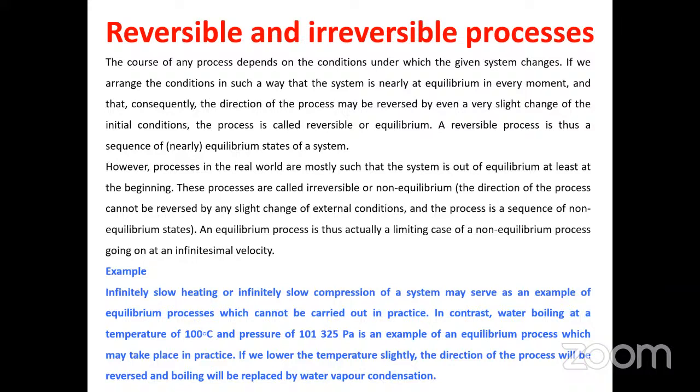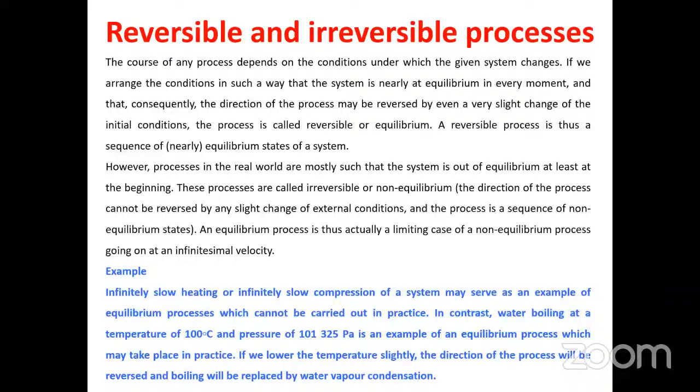However, processes in the real world are mostly such that they are not equilibrium, at least at the beginning. So these processes that are non-equilibrium processes are otherwise called irreversible processes. Irreversible, that's they go in one direction.